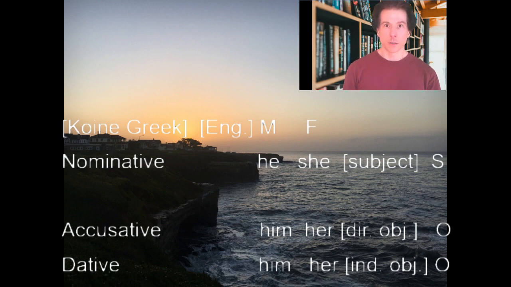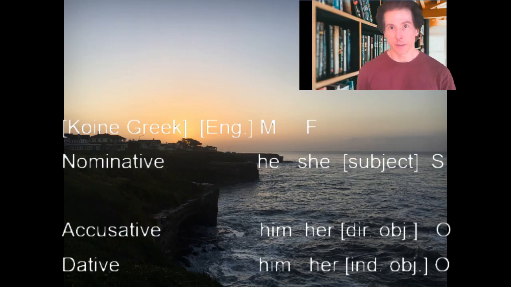in the Koine Greek we're learning, the nominative case is going to be used to designate the subject. Okay. The accusative case is specific for the direct object. The dative case is going to be used for the indirect object.